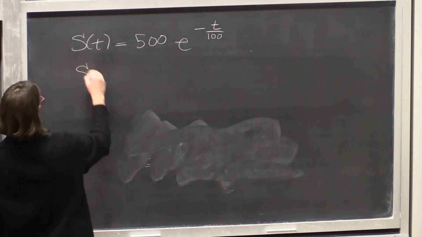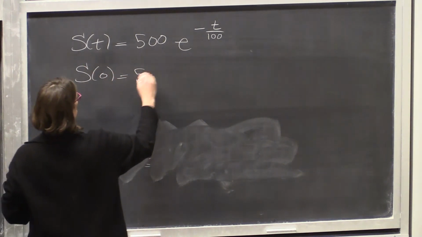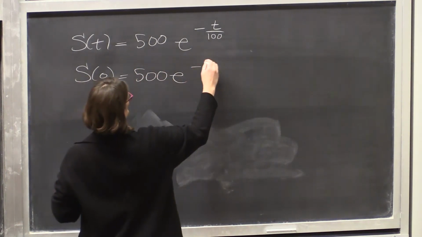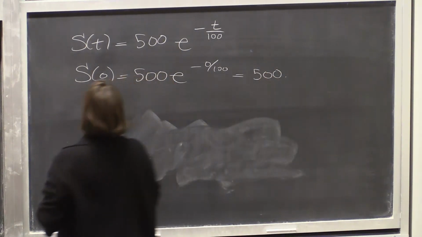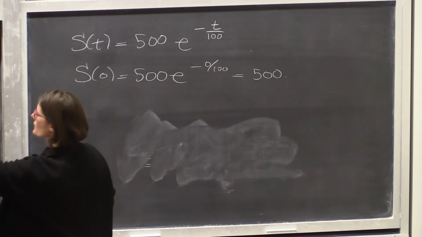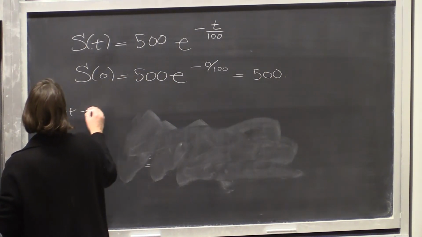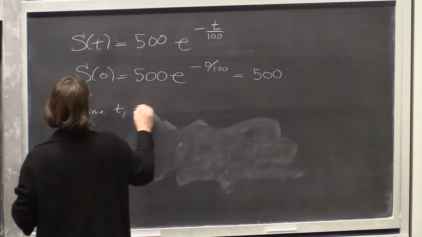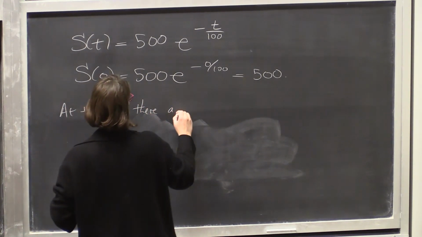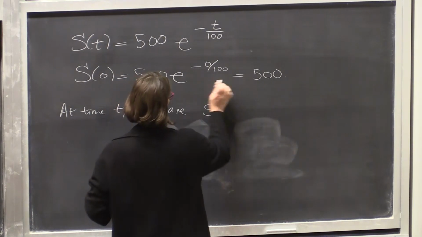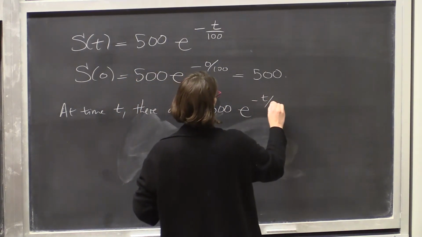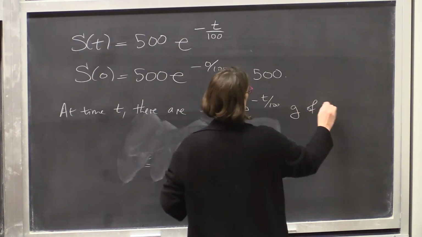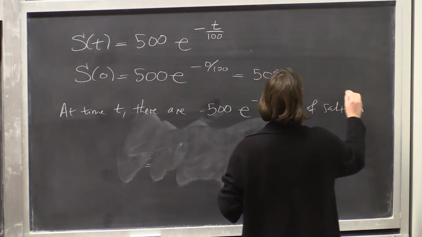And I can check that S at 0 is 500 e to the minus 0 over 100, which is 500. So I've answered the first question. At time t, there are 500 times e to the minus t over 100 grams of salt in the tank.